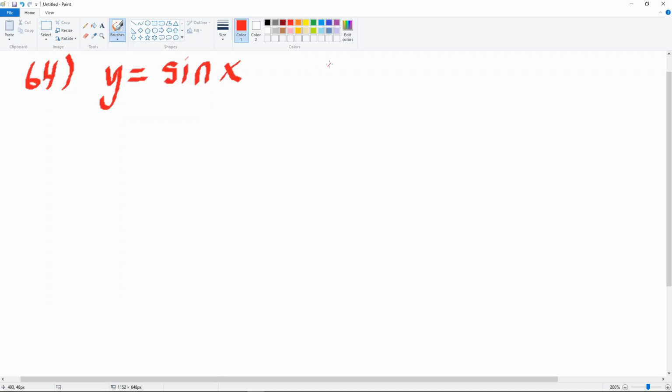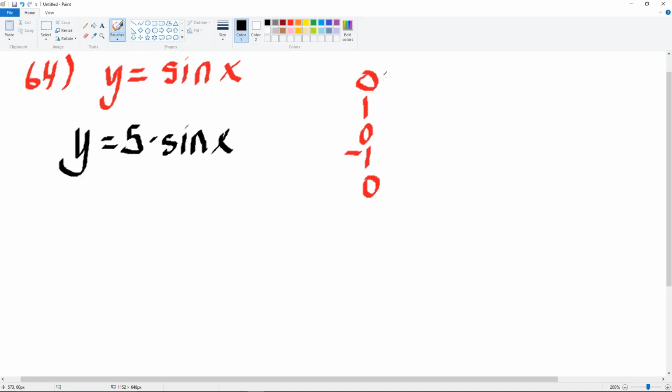And we know those magic numbers are 0, 1, 0, -1, and 0. But in the problem it says it's y equals 5 times sine of x.